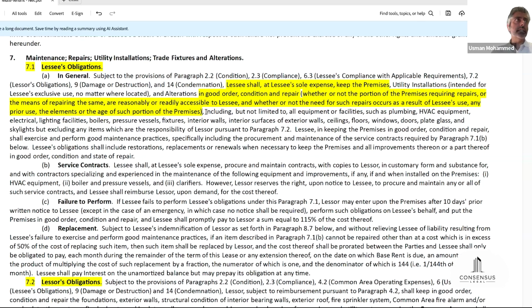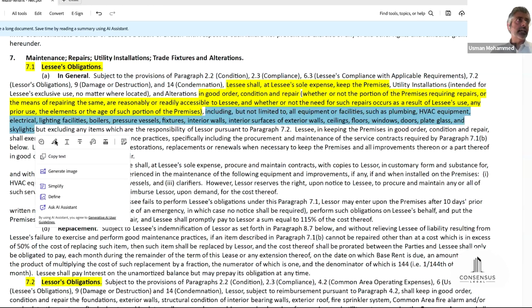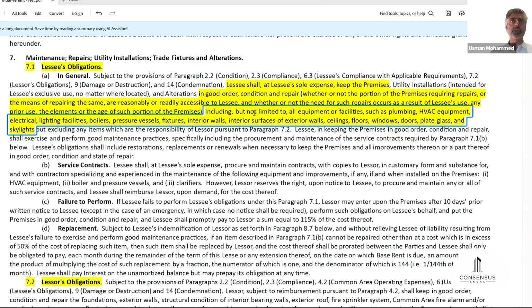And then the AIR CRE lease goes on to give examples of portions of the premises that lessee is responsible for. It says including but not limited to all equipment or facilities such as plumbing, HVAC equipment, electrical, lighting facilities, boilers, pressure vessels, fixtures, interior surfaces of exterior walls, ceilings, floors, windows, doors, plate glass, and skylights.